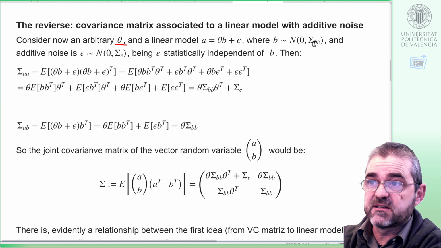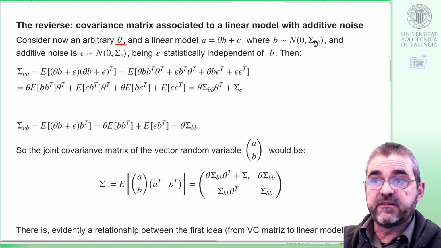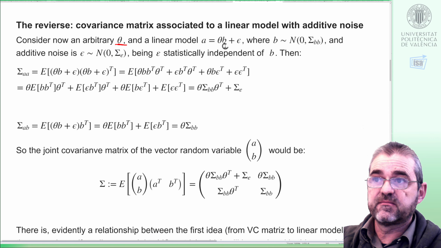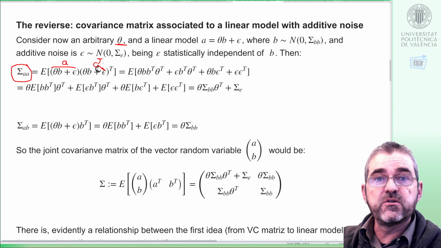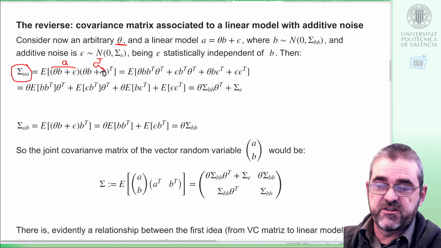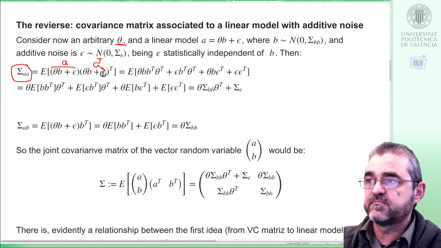Well, in that case, which is the joint covariance matrix between A and B? Let's see. The variance of A is the expected value of A A transposed. Remember that we are assuming everything is zero mean.